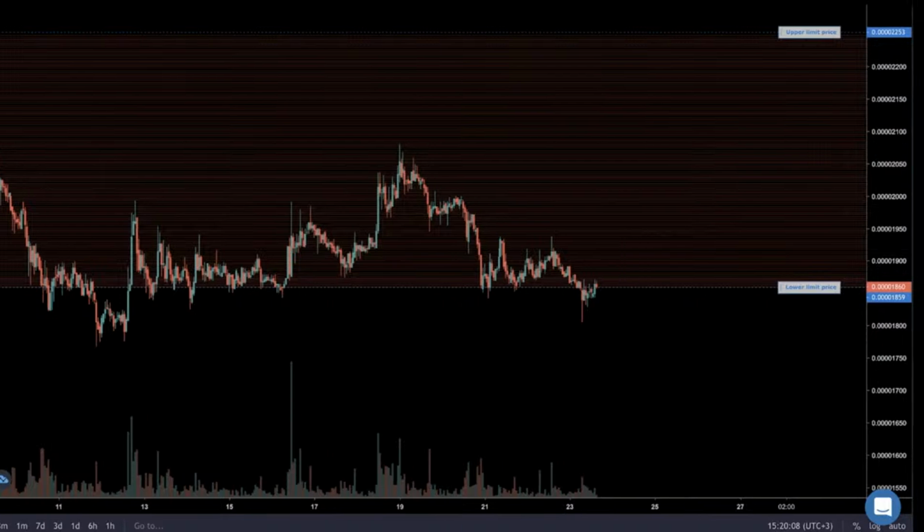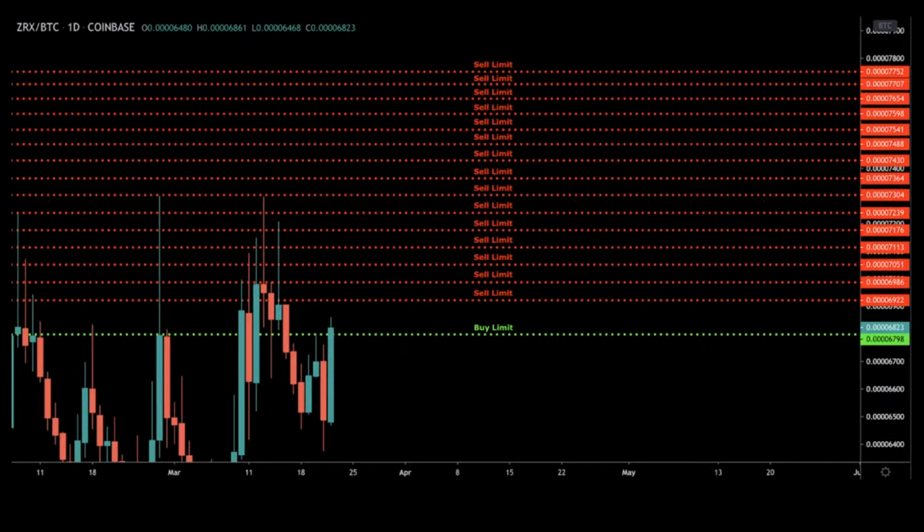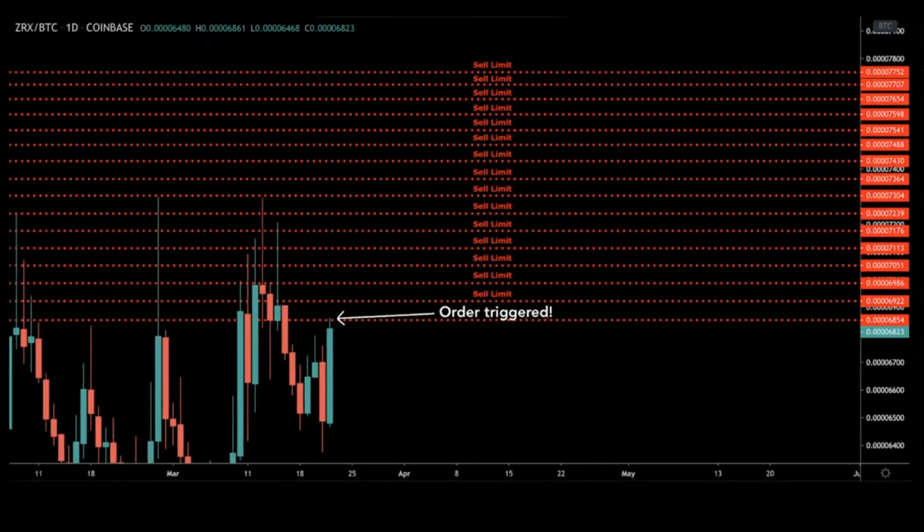And the way it works is displayed here. So here's the trading range, and let's say that the price has triggered the first sell limit order. It executes it, and then it places the buy limit order. So remember, I told you that each time the sell occurs, a new buy limit order will be placed.